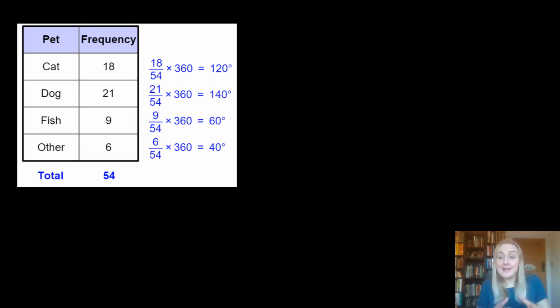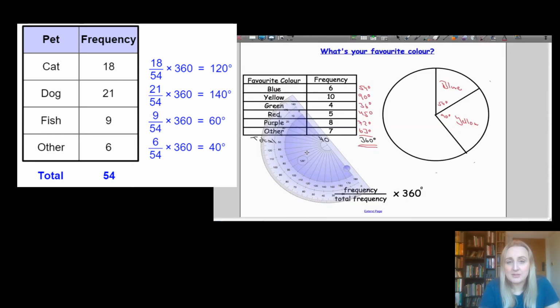So we want the same fraction of the total number of degrees. In other words, 18 54ths of our animals are cats, so I want 18 54ths of the circle to represent cats. We form that fraction and multiply it by 360, and that gives us the angle. That's a fractional reasoning approach, and it's a really, really common way of doing this.